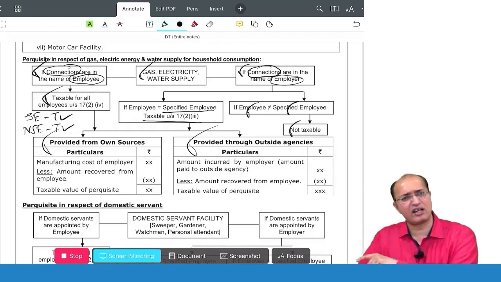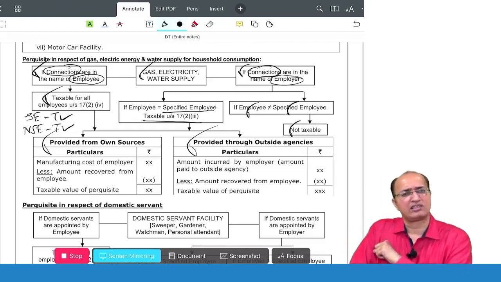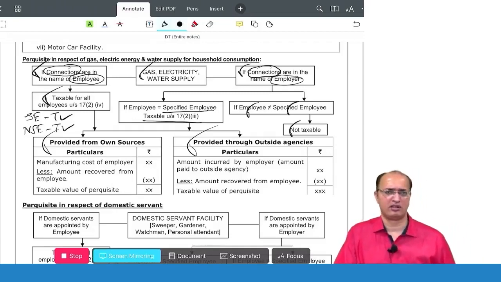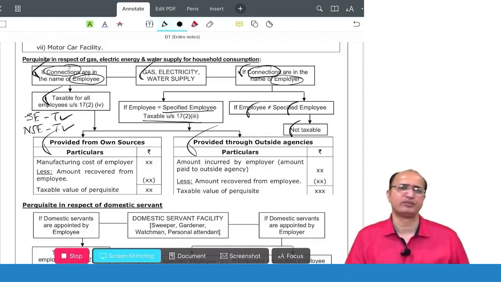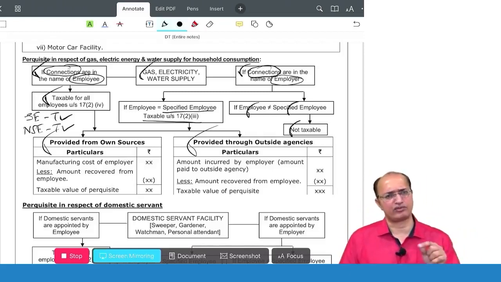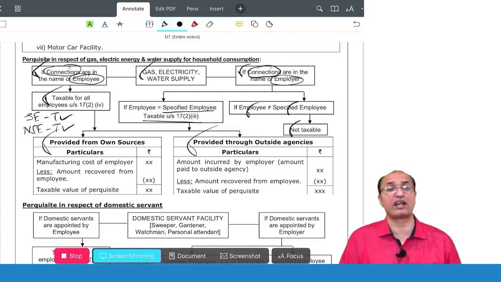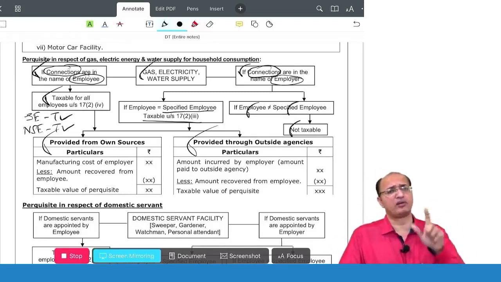And they are supplying to the customers at say 9 rupees per unit. I am just giving an example, I don't know the rates. Now my question is, Tamil Nadu Electricity Board has given you an accommodation to stay.